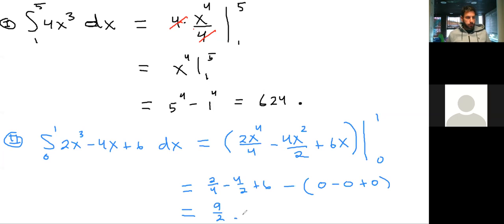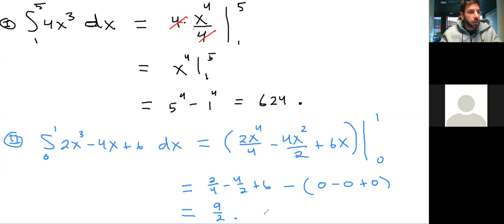So when you say 9/2, that's not the antiderivative, right? That is the definite integral. Look again, it's really about the terminology. I am computing definite integrals, but the process I'm using requires that I know the antiderivative.